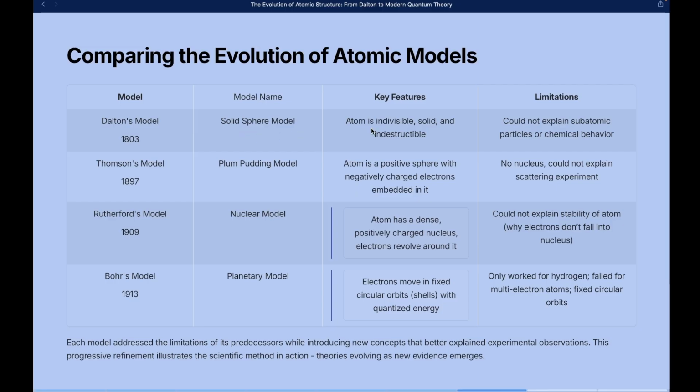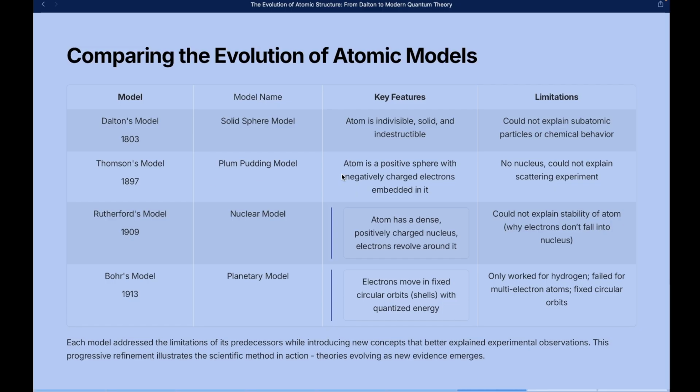What were its key features? This model explained that the atom is indivisible, solid, and indestructible, but it could not explain subatomic particles or the chemical behavior of an atom.